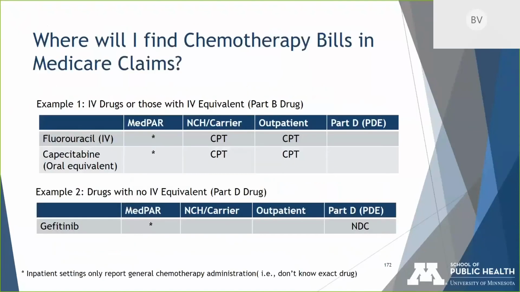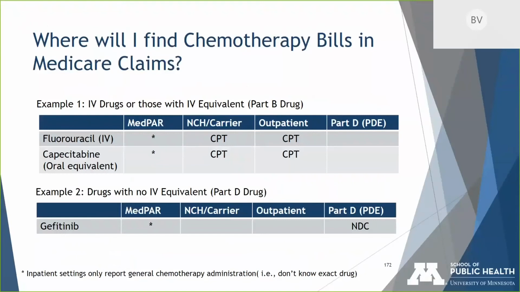Okay, so let's look at an example of how the data would show up in the Medicare files. Let's say, for our first example, that we have a set of IV drugs or those that have an IV equivalent. Those fall under Medicare Part B. So, as an example, you would see fluorouracil or capecitabine.